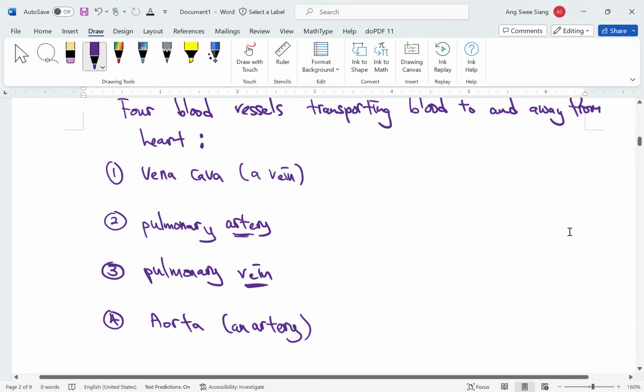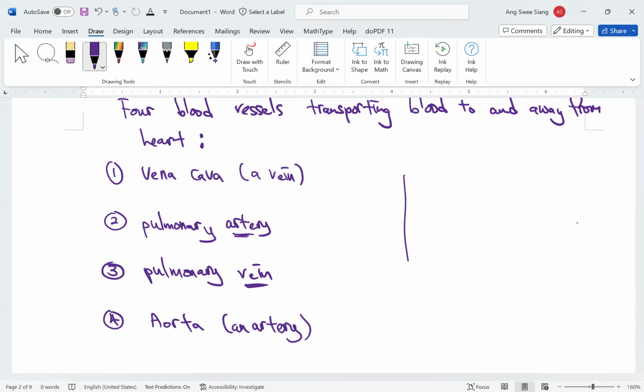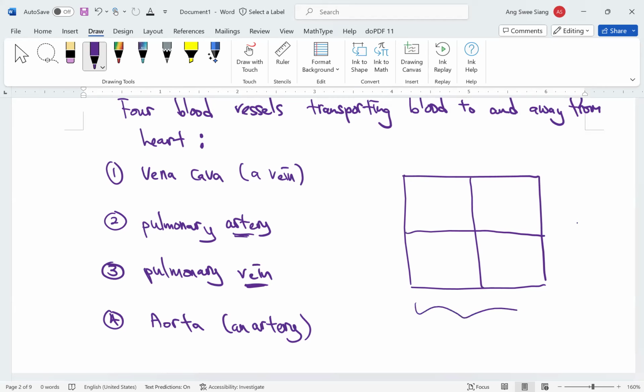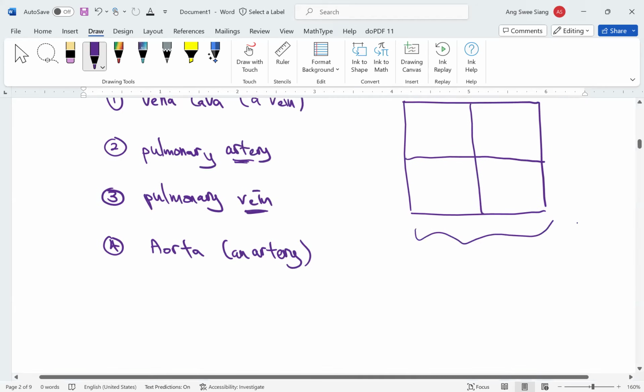To give you an overview first, imagine if I were to divide the heart into four chambers. This entire thing represents the heart, with the four chambers in the heart.